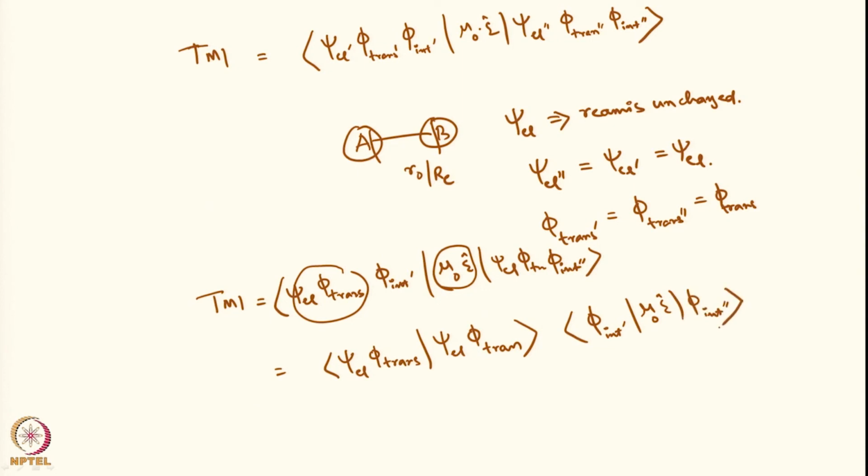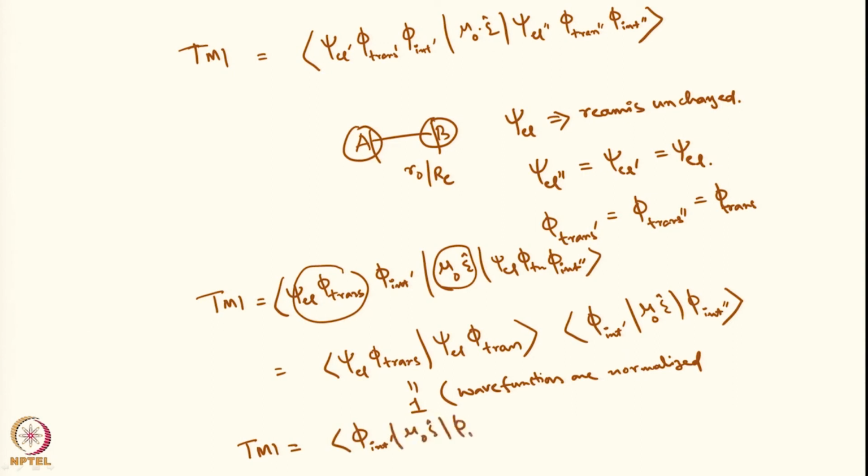Okay. Now, if your electronic wave function and translation wave function are normalized, then this will go to 1. Okay. Wave functions are normalized. Therefore, your TMI will become phi internal mu naught epsilon phi internal.